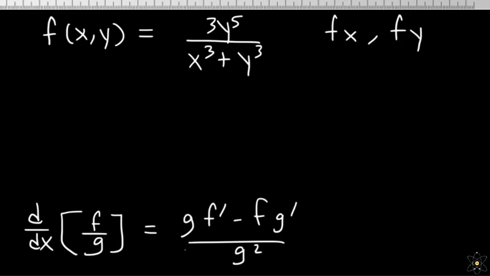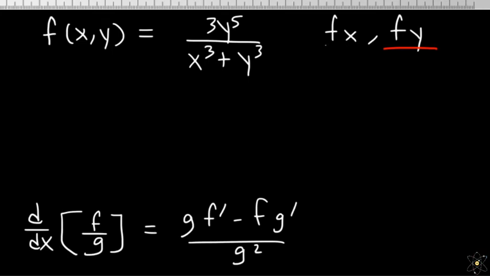Now, when differentiating with respect to x, 3y to the 5th is a constant, and x cubed is a variable. So we don't have a variable on the top and on the bottom. So for f of x, we don't need to use the quotient rule. Now, when differentiating with respect to y, we have a y variable on the top and on the bottom, so we do need to use the quotient rule with respect to y. And so that's how you can tell.